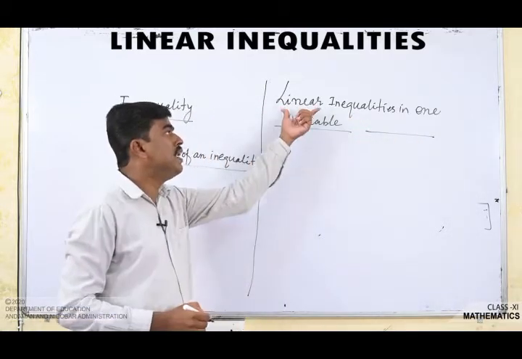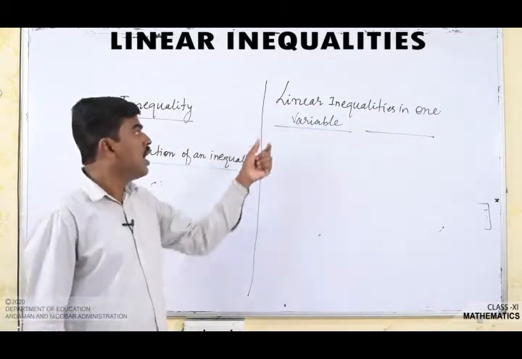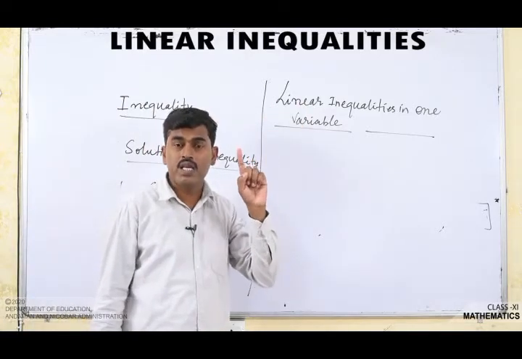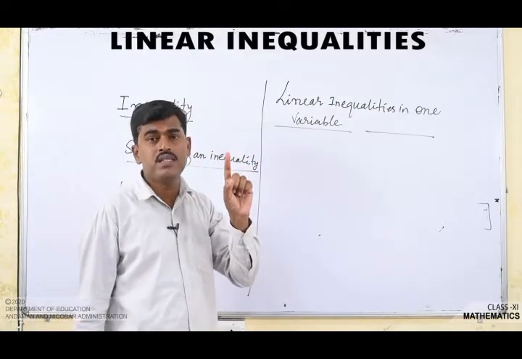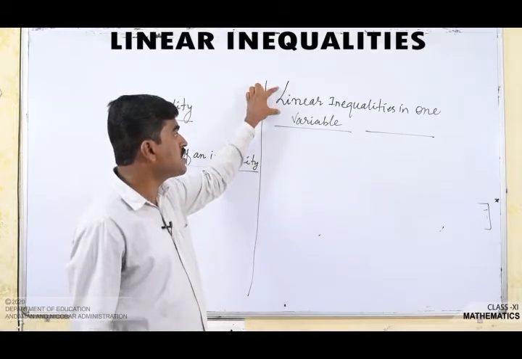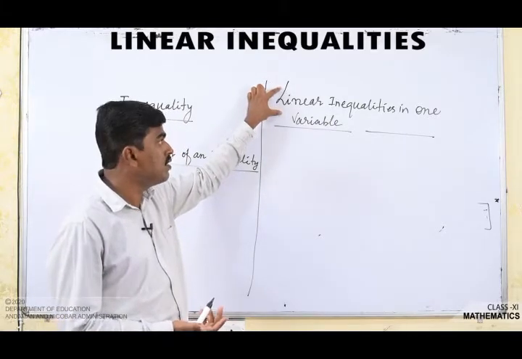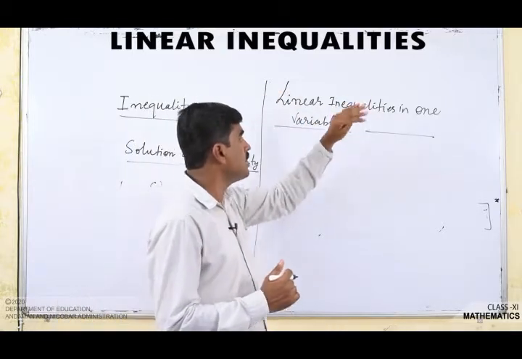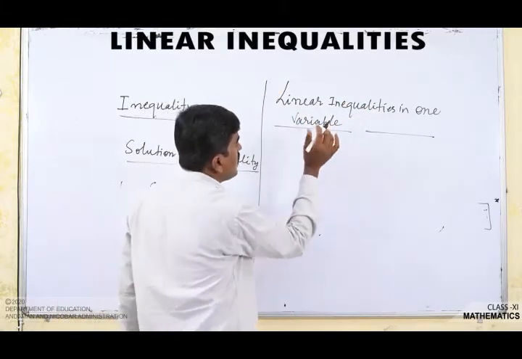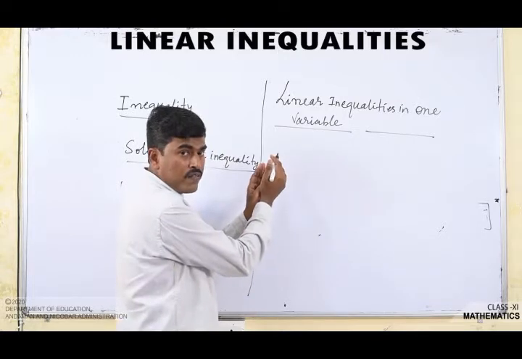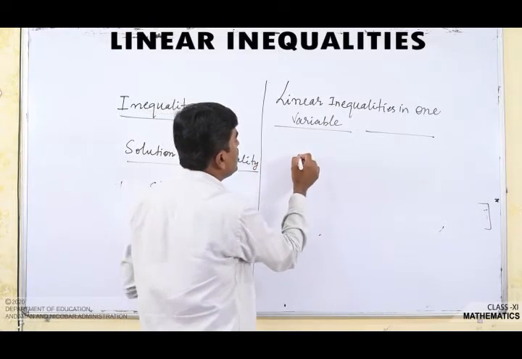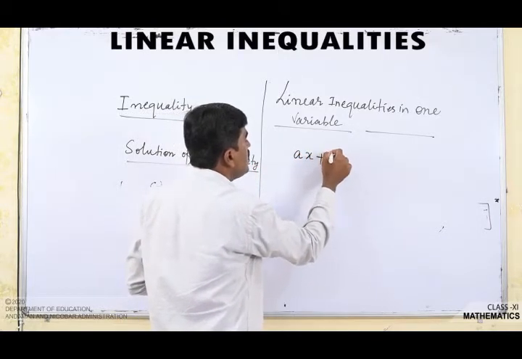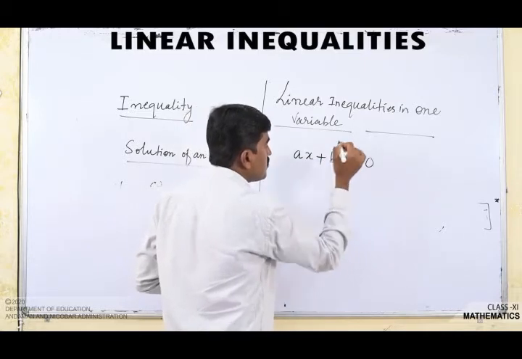What is meant by linear? If the highest power of the variable is 1, that means the degree is 1, then we say that it is linear. So, in the case of linear inequalities in one variable, the general form is ax plus b less than 0.